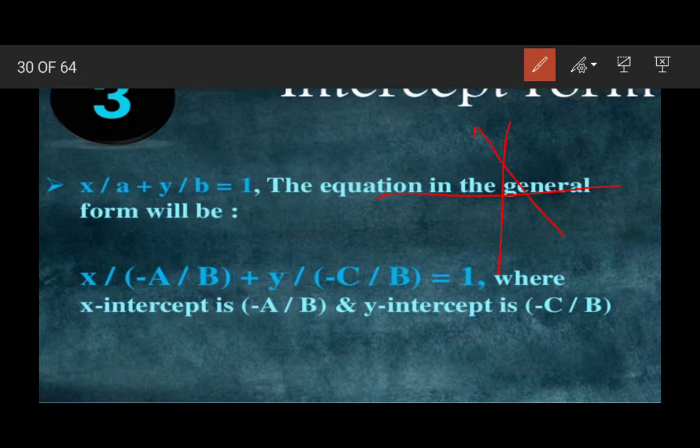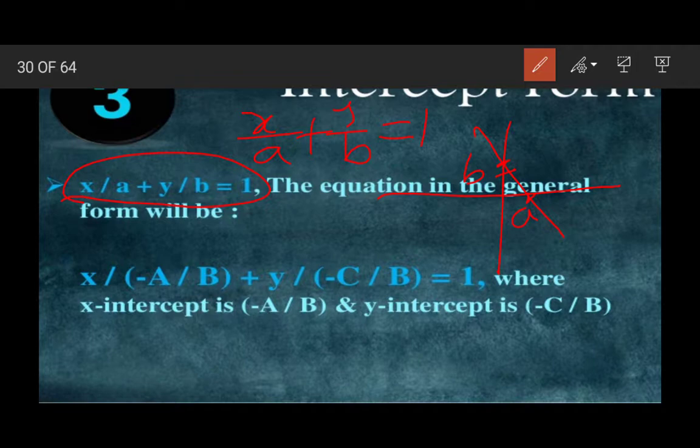This line cuts the x-axis at A and the y-axis at B. So the x-intercept of the line is A and the y-intercept of the line is B. In that case, the equation of the line will be x upon A plus y upon B equal to 1. This equation, x upon A plus y upon B is equal to 1.